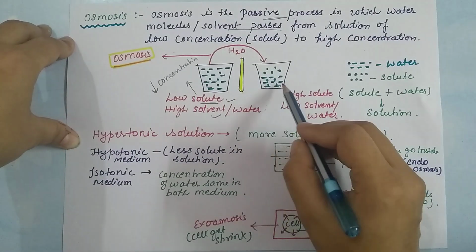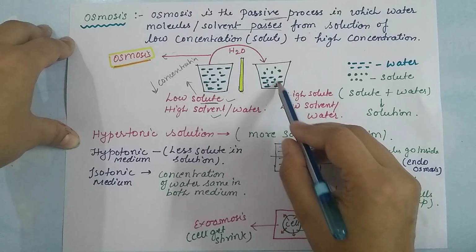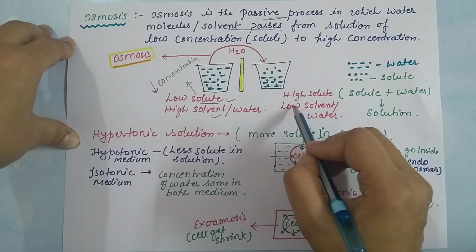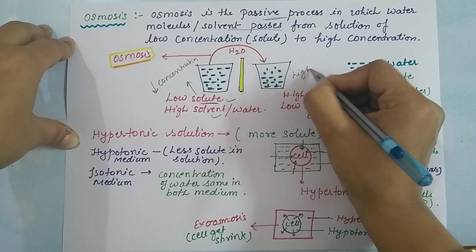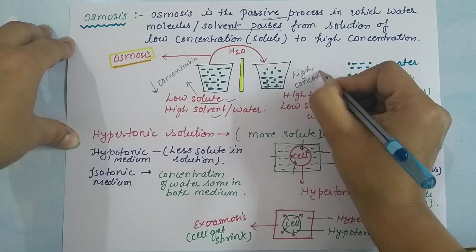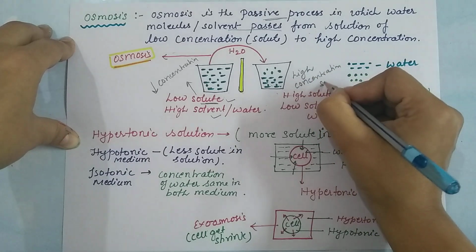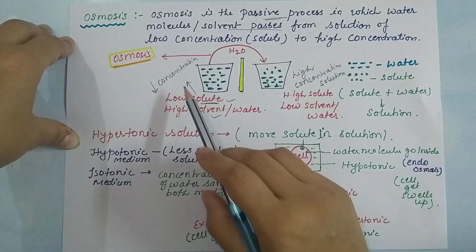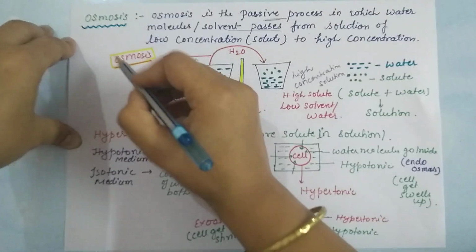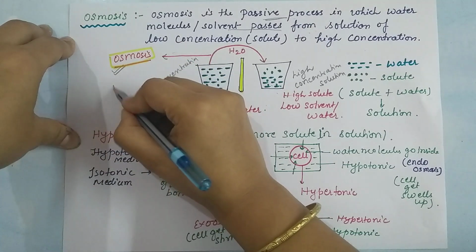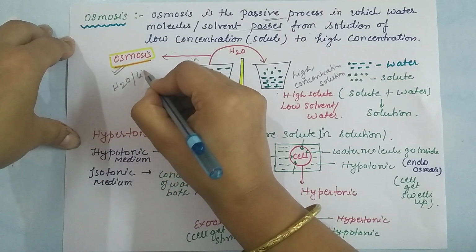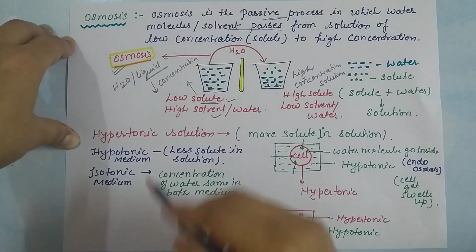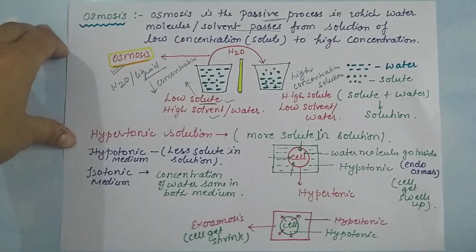And here in contrast you will find that there are high solute particles and low solvent. So we can say it is a high concentration solution. Osmosis only happens for water molecules or liquids. For gases, diffusion occurs, and for liquids, the osmosis process takes place.